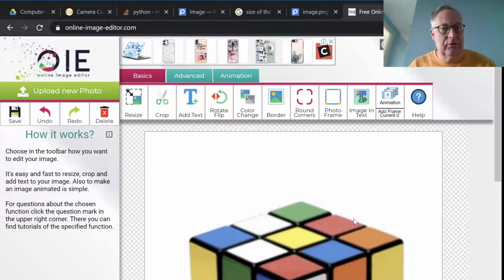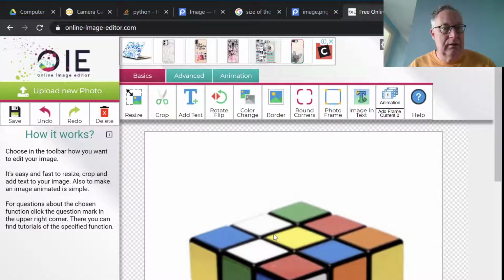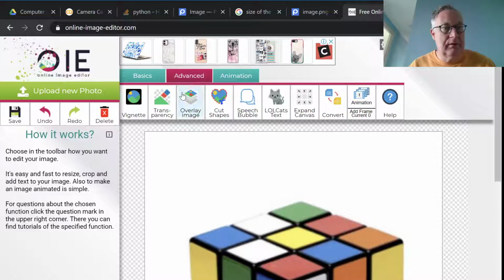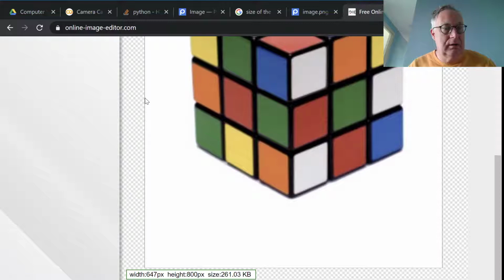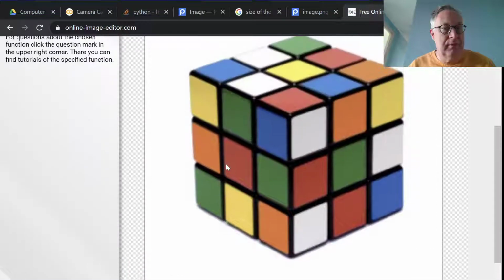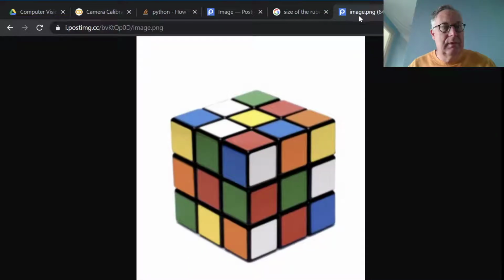Okay, I just want to check if I can get the pixel coordinates here. I don't think so. Options. No, there may be one, but I don't know that one. So I'll save the image.